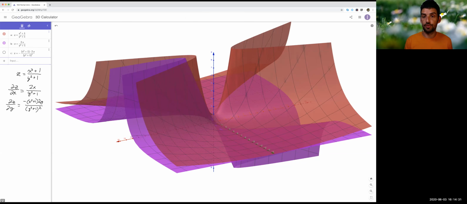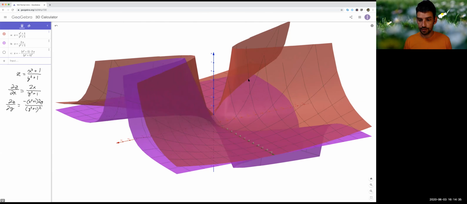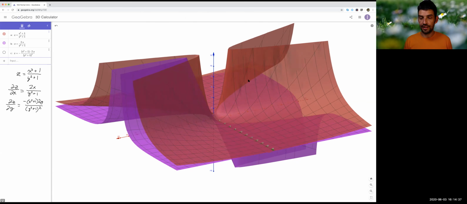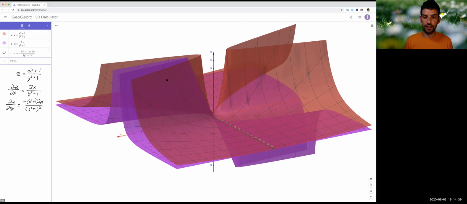Also notice, let's do one other thing here. I'm going to zoom out for a second. Notice that the red shape, the function itself, gets very, very flat the further away from the origin out on this y-axis we get, right? As I go further and further out on the y-axis, it's getting flatter and flatter.